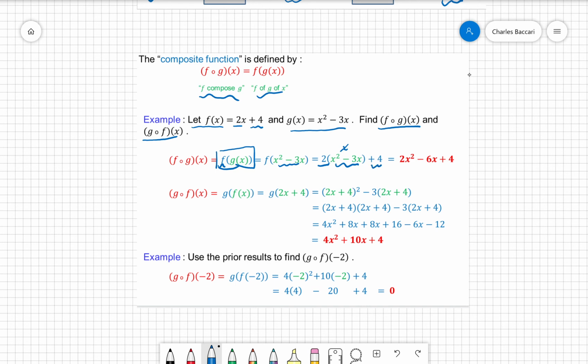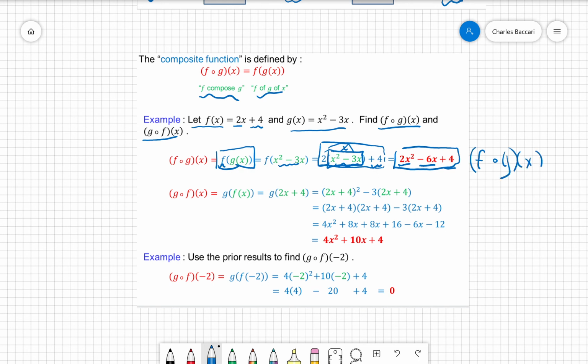And so once we plug g into f, which is the template of f, we have 2 being distributed here. This is 2x squared, that's this. We have 2 being distributed to negative 3x, that's negative 6x. And then plus 4, and since none of that combines, this is simply f of g of x.